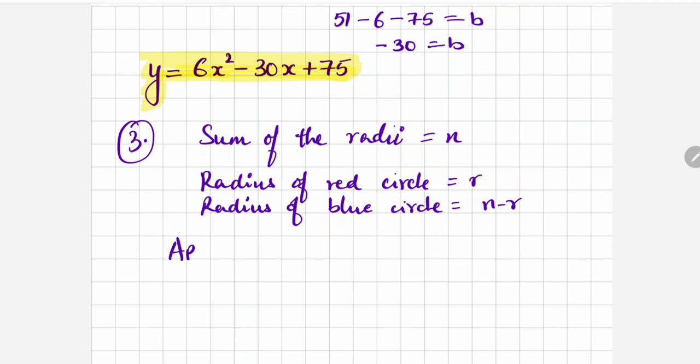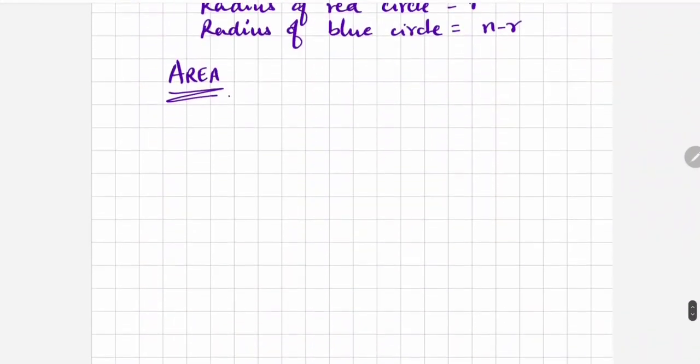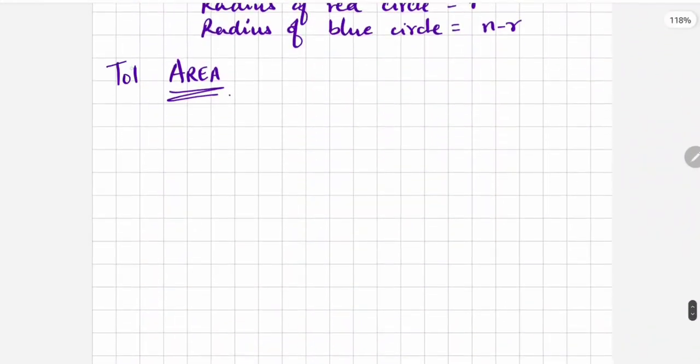So if we find the area, because they are asking us to find the general equation of the total area of the two circles, right? So the total area is equal to 3 pi r square.